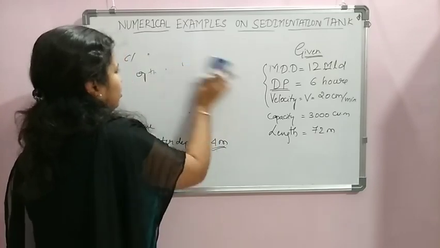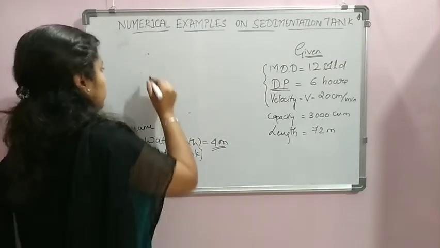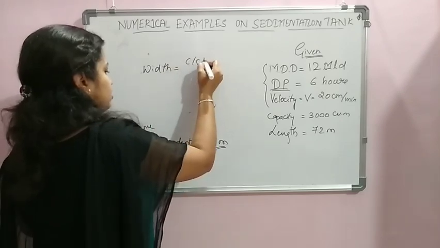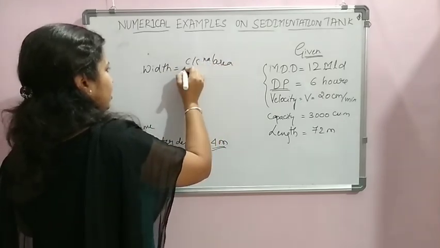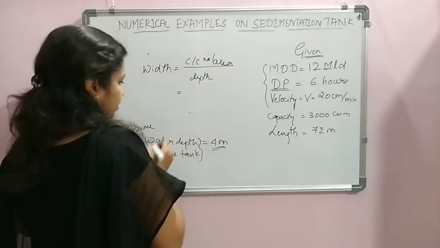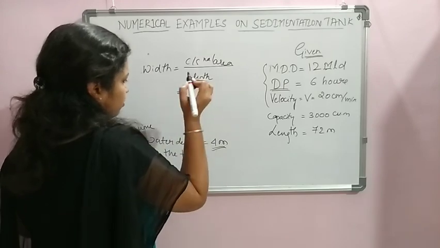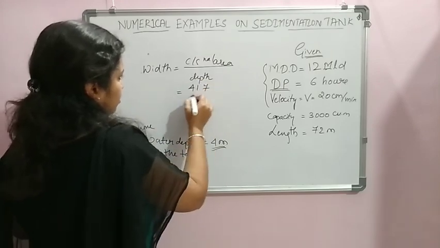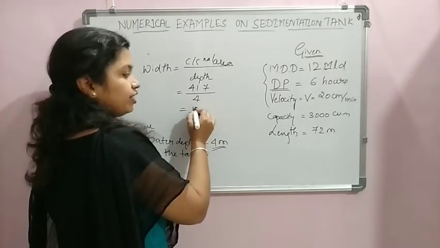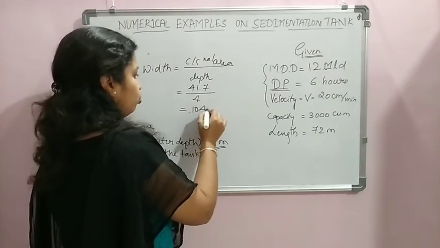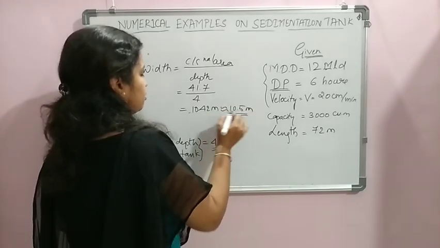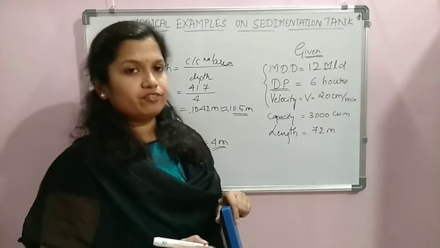So the width of the tank is equal to cross-sectional area divided by the depth. That is 41.7 divided by 4. We get the answer as 10.42 meter. Nearly we can write it as 10.5 meter. This is the width that is required for the tank.